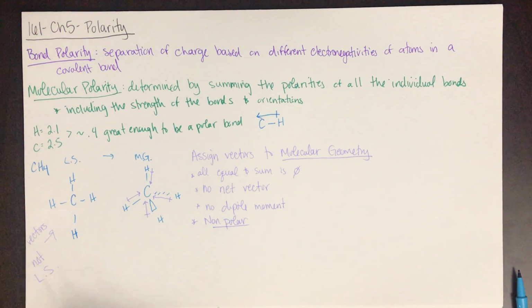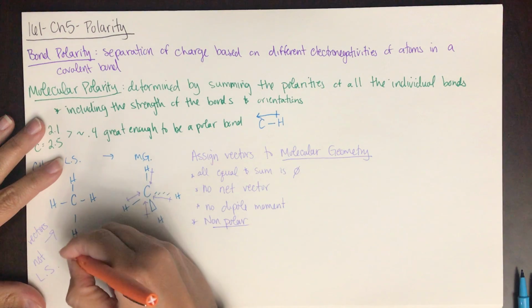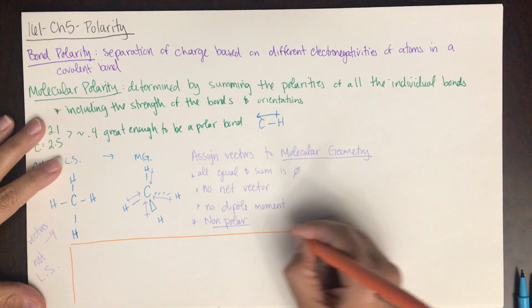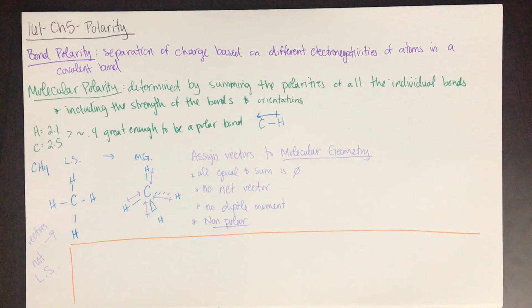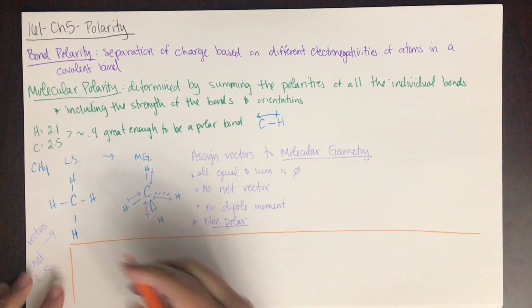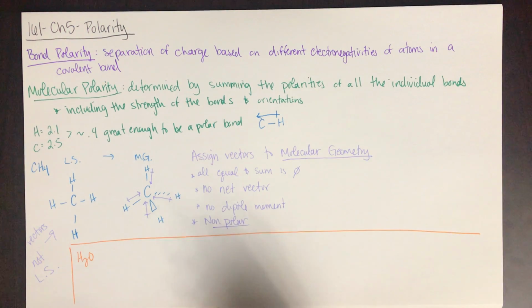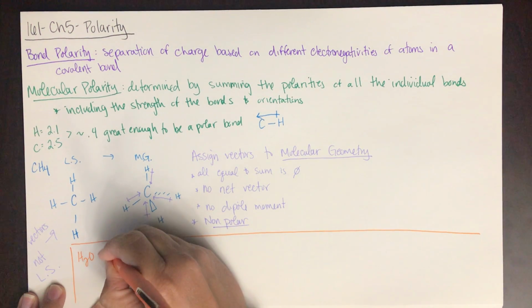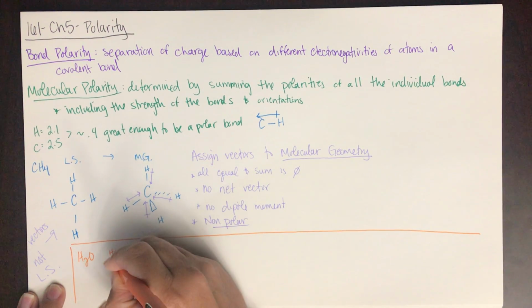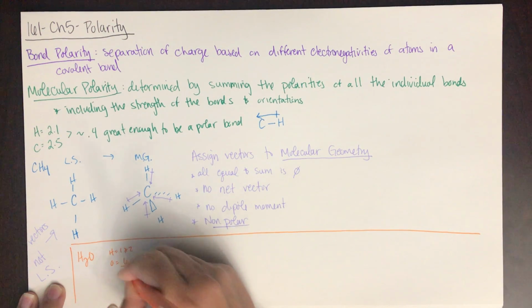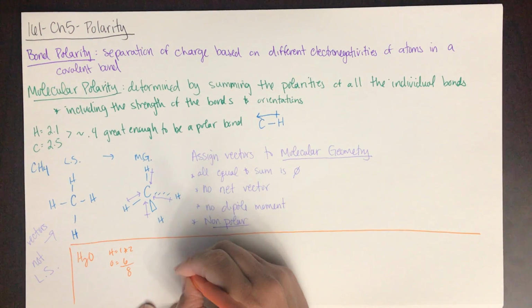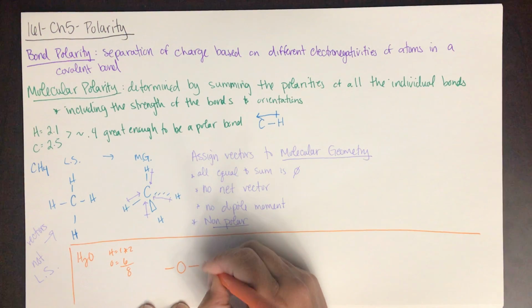So let's do one more example. Let's do water. So here my dihydrogen monoxide, to draw the Lewis structure, hydrogen is 1 times 2, oxygen is 6. I have 8 valence electrons. It looks like this.